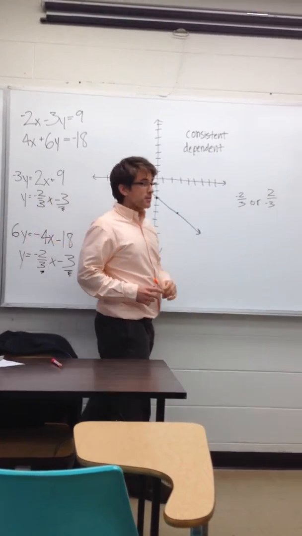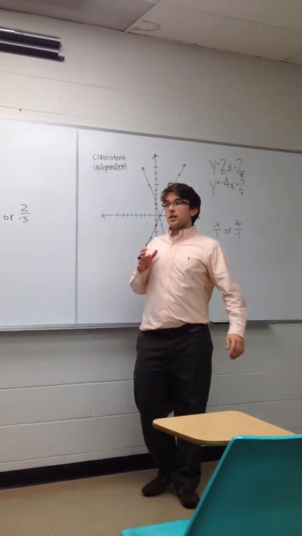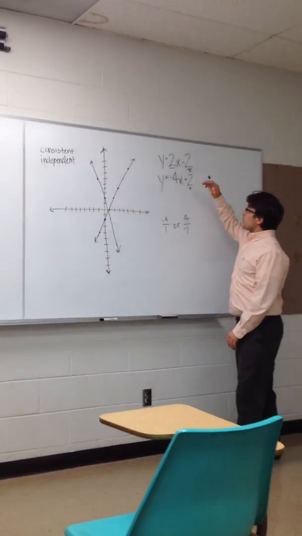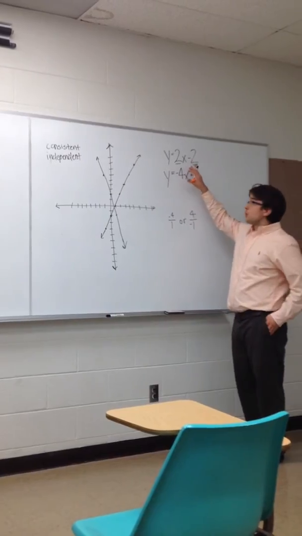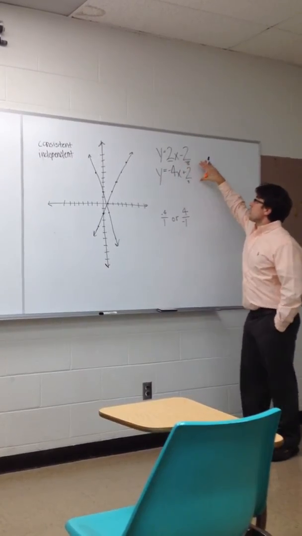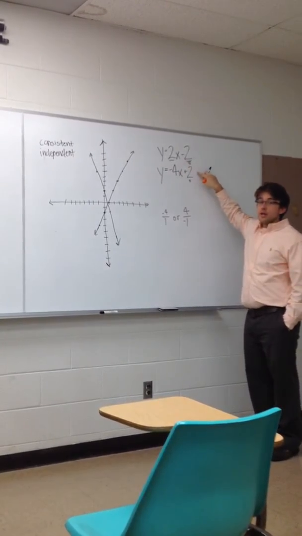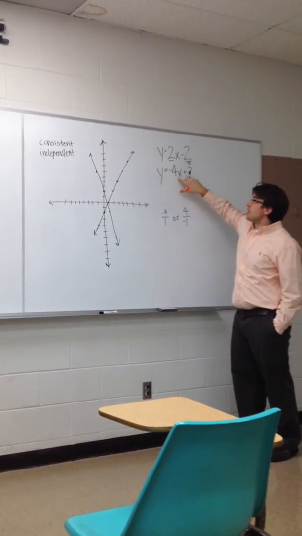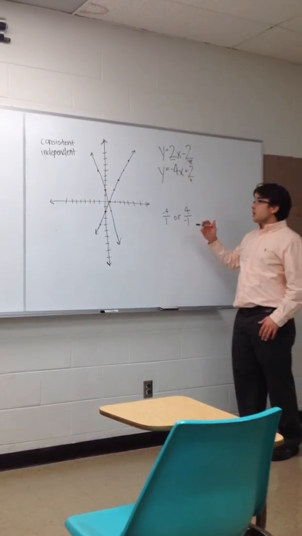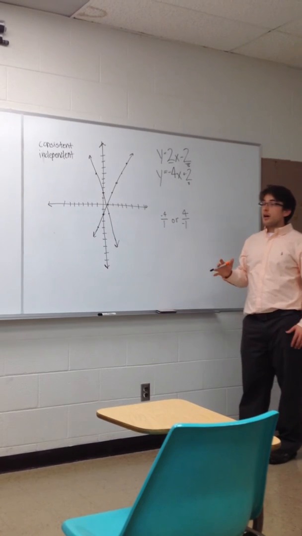Then our last case is consistent and independent. We already had this one in slope-intercept form. We were given that. They have different y-intercepts, and their slopes are different. So algebraically, we can tell that they're going to be 2 different lines.